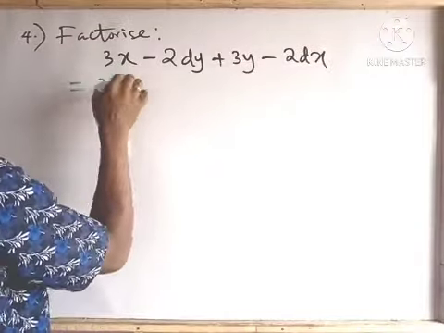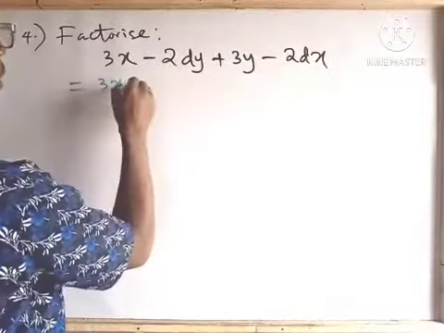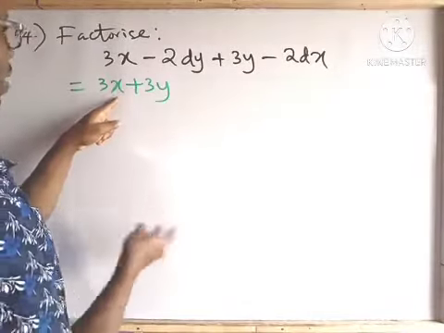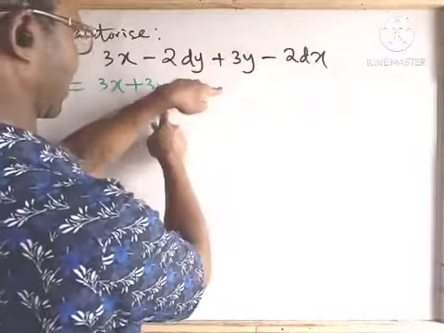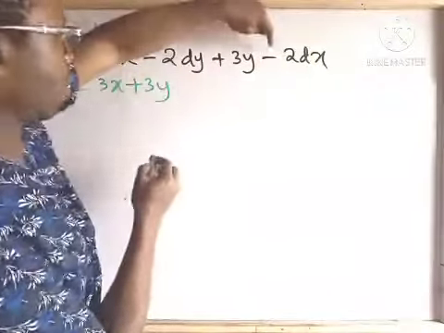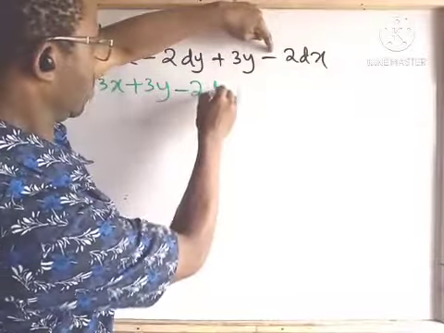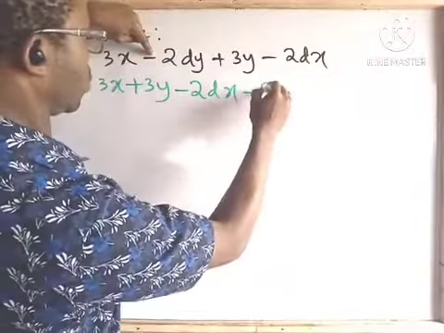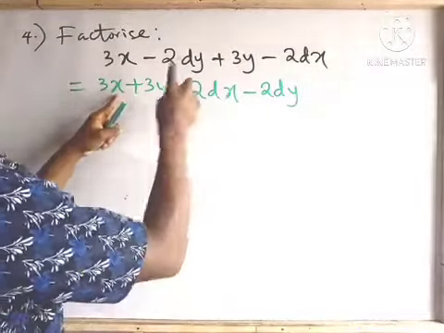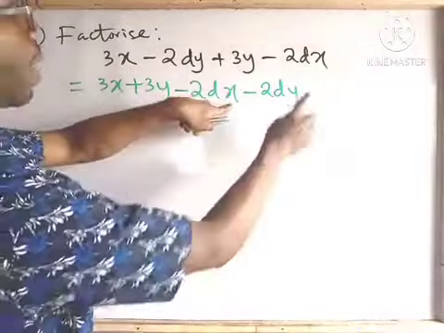I want to move to this one and bring 3y. So now I have x, y. I want to have x again before y. So if I pick this, I will alter the arrangement. So I'm going to pick this one to give me 2dx, then minus 2dy. So look at it. I have x, I have y, I have x, I have y. So I can now factorize.